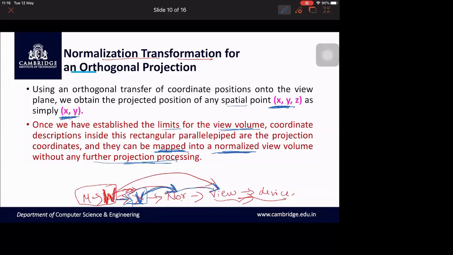So here the rectangular parallelepiped needs to be converted to a normalized coordinate, because before I put it onto the viewport, which is similar to the device coordinate, it has to be in the normalized form, because it is easy for me to convert. We have already discussed this, right?